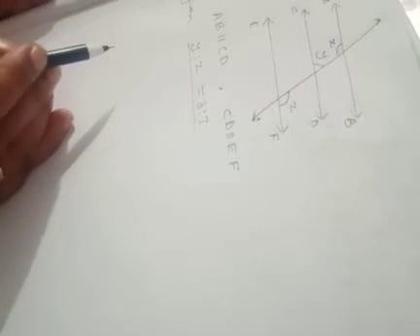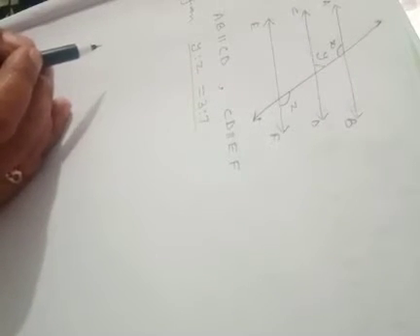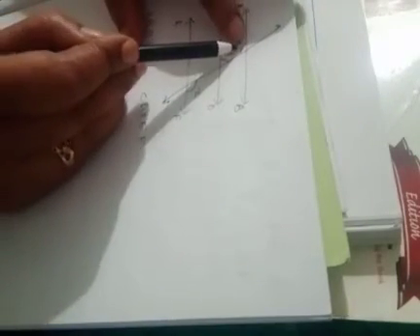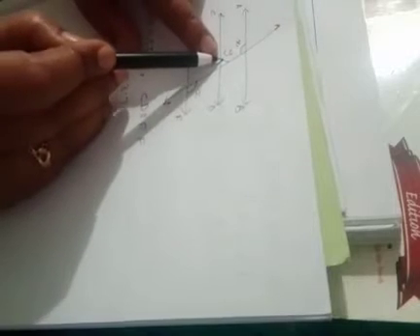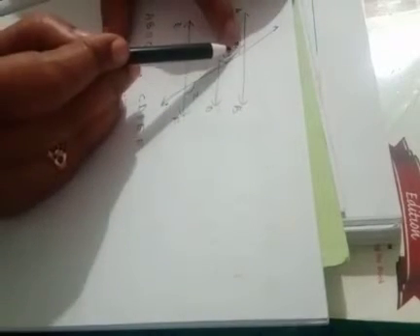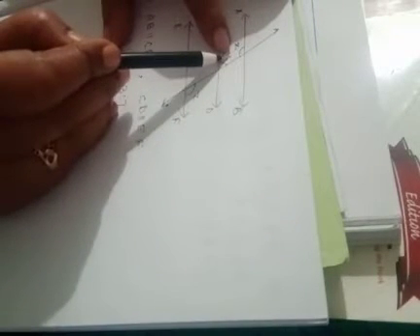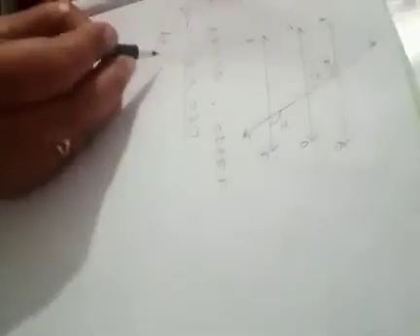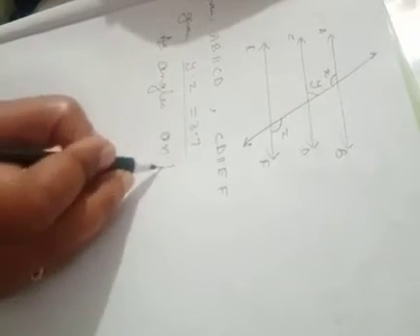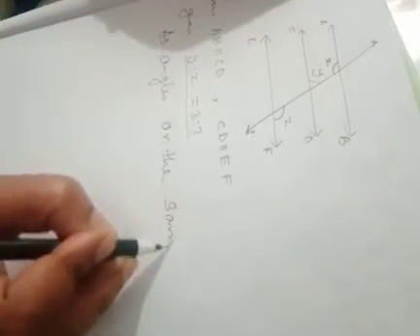So how will you find it out? As the angles on the same side of a transversal line sum up to 180 degrees, I have once told you that angle x and angle y are the interior angles on the same side of this transversal line. So they sum up to 180 degrees. So write down the theorem.